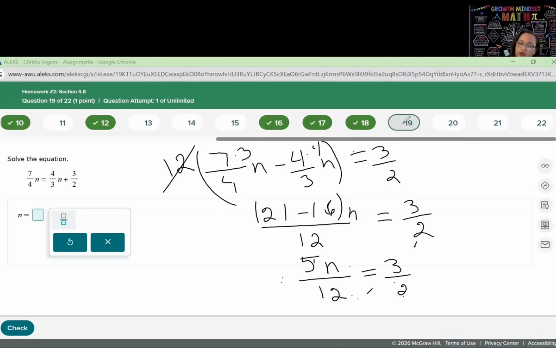And then I'm just going to multiply this side by the reciprocal and the other side by the reciprocal. And I'm going to get 36/10, but I can reduce it to 6 here. 12 divided by 2 is 6. And then I get n is equal to, I'm running out of room here, n is equal to 18 divided by 5.